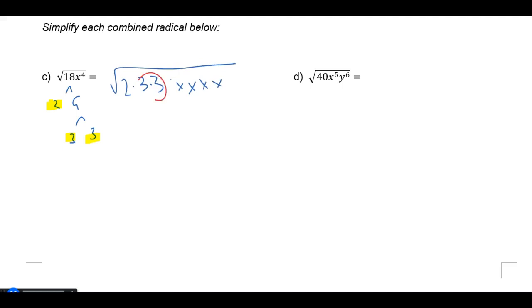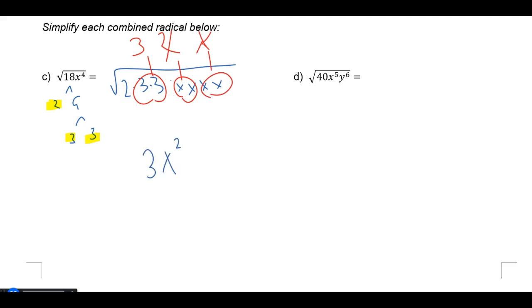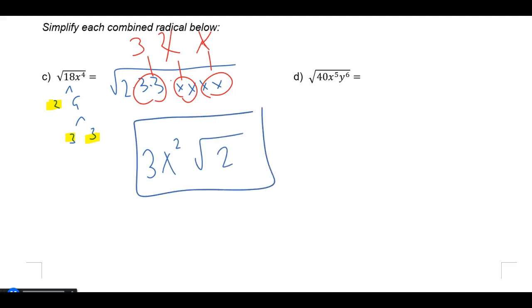Well, here's a pair, comes out as a 3. Here's a pair, comes, oh, I almost just wrote 2. It's an x. Comes out as an x. Final answer, 3 times x, aka x squared, times the square root of 2.